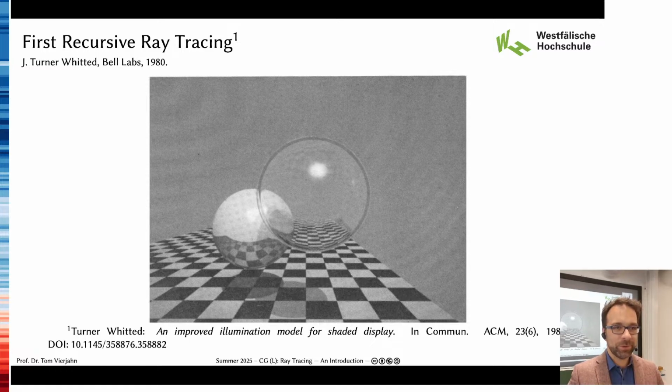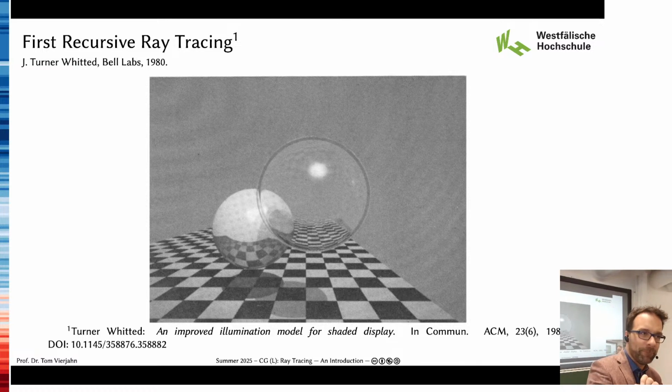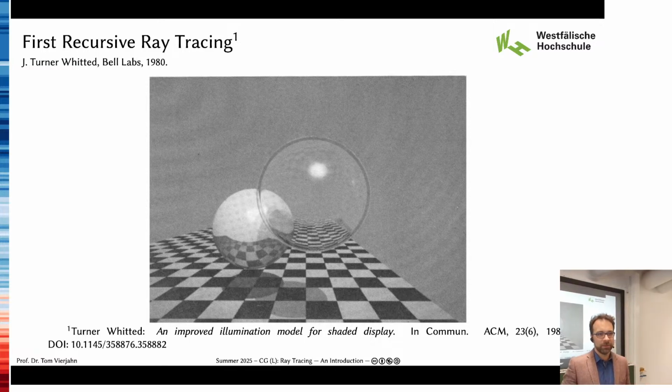And it still works on the same principle that you are tracing a ray from the back to the beginning. You start from the eye into the scene. You hit an object. You can draw it. If the object is transparent, you can trace another ray going through the object, and you see what is behind the object.